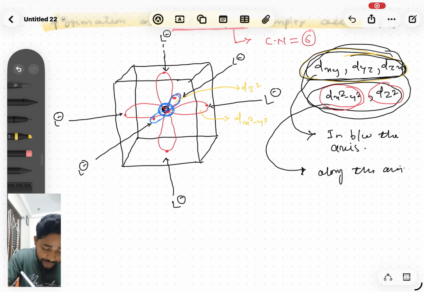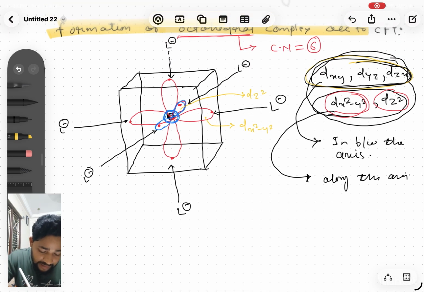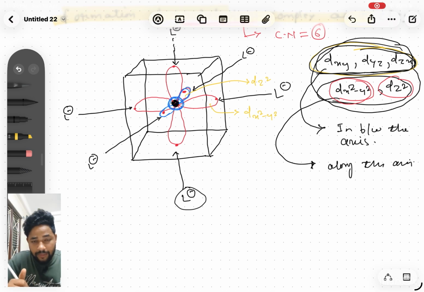Okay, so what happens when the ligands approach from infinite distance, suppose? Why are they approaching? Because inside is the metal, and that metal is a d block metal and also contains high Z effective.